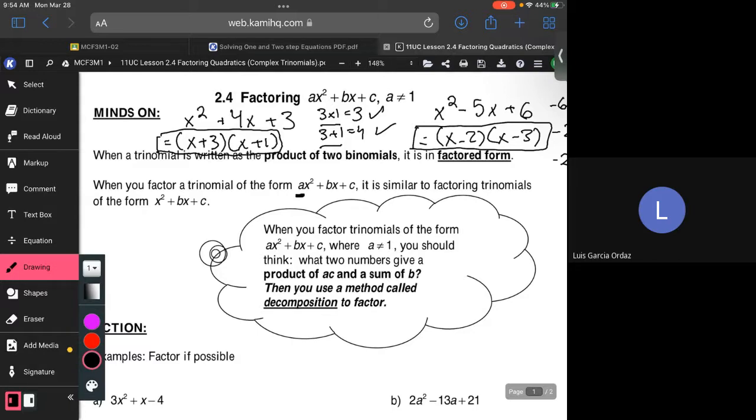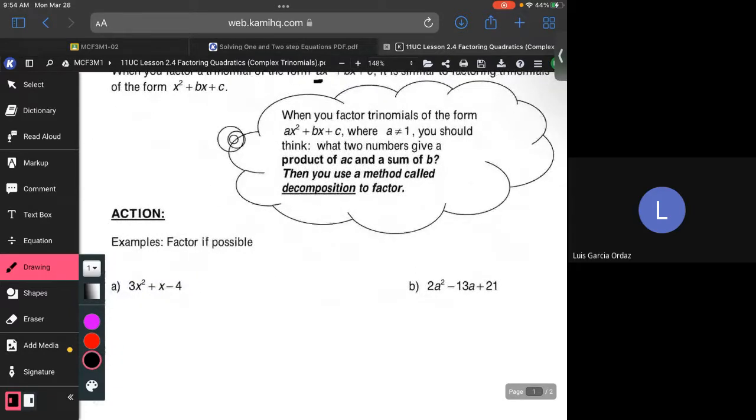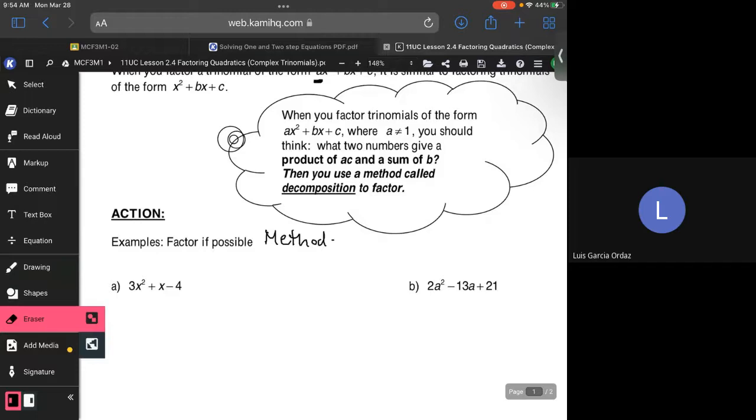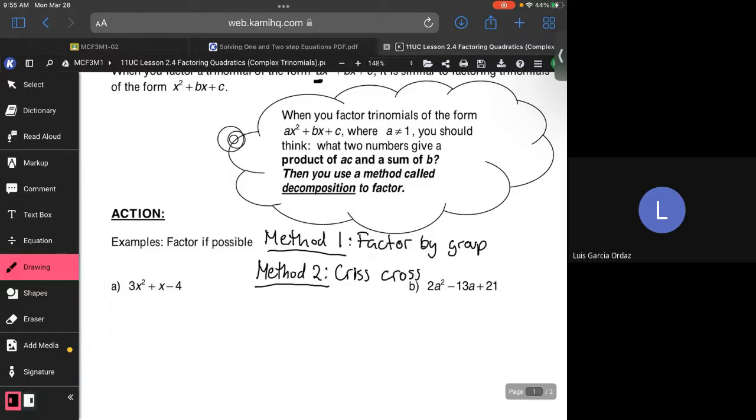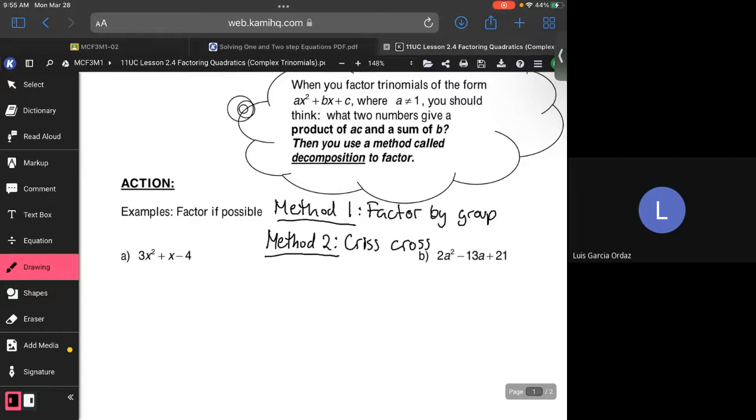There are two ways that we can factor complex trinomials. Method 1 is factor by grouping, and the second method is called the crisscross method. You get the chance to see both, and you get to pick which one you would rather do. We'll do the first one with factor by grouping.